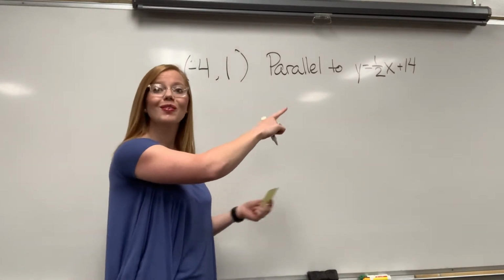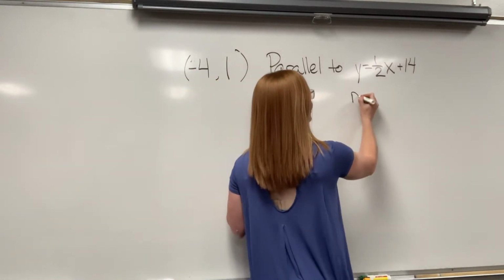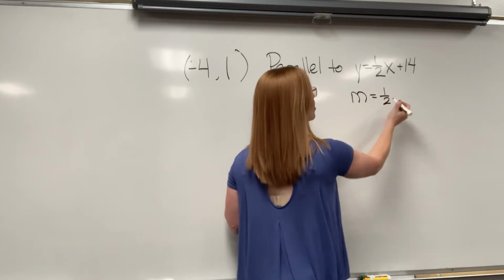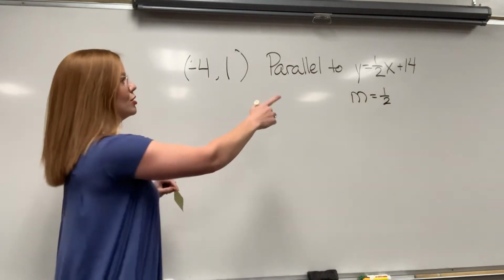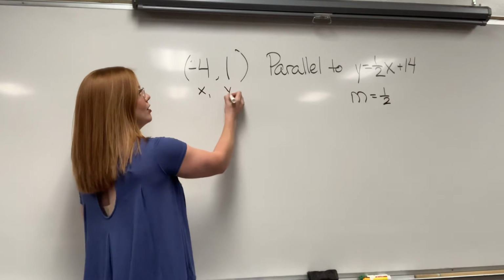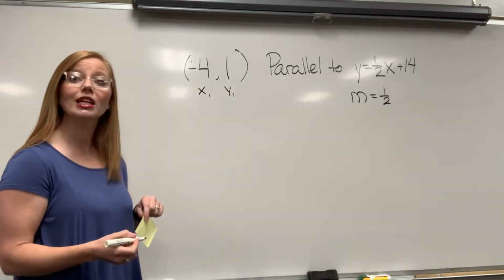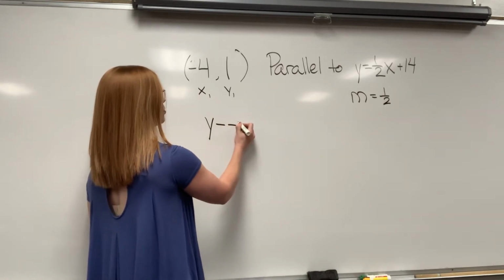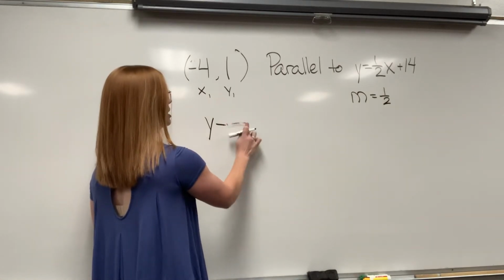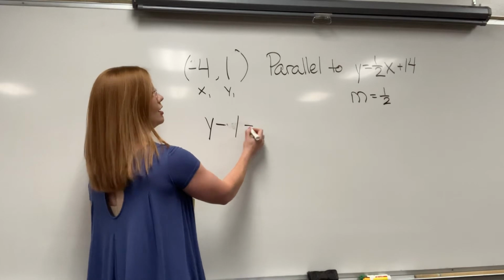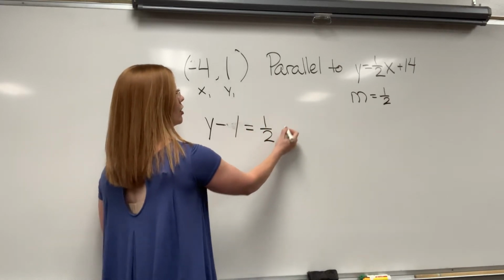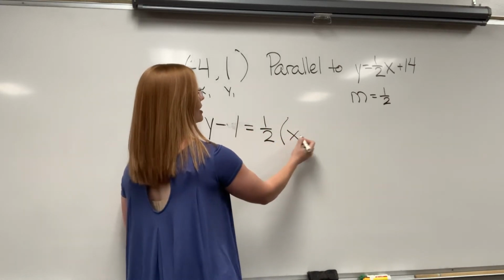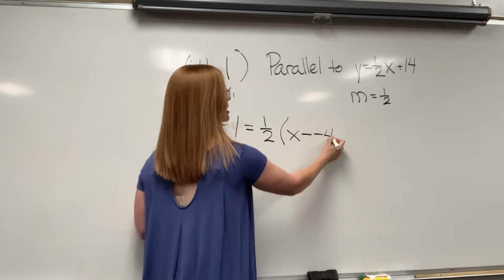What is it? 1/2. So m = 1/2, and we're going to use that in our x1, y1 to plug into our point slope form. y minus y1, I about put the x value there, equals the slope times x minus the x that they give us.